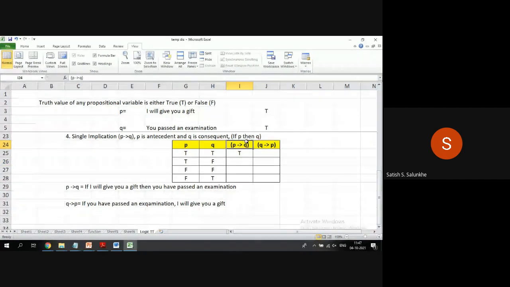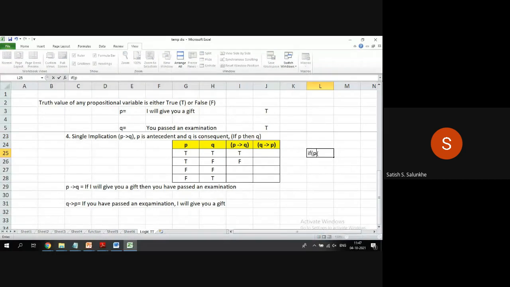If P is true, then Q is true. But here, if P is true, Q is not true. Therefore, P implies Q is also false. Now, okay, please try to understand. It is something like in your programming instruction. If you are having this condition P, wait a minute.